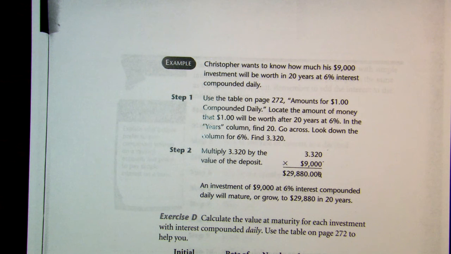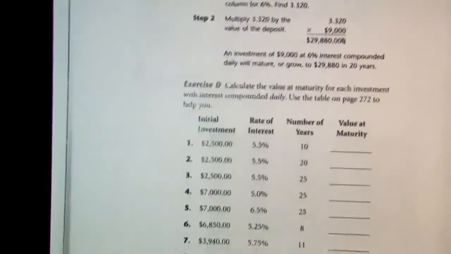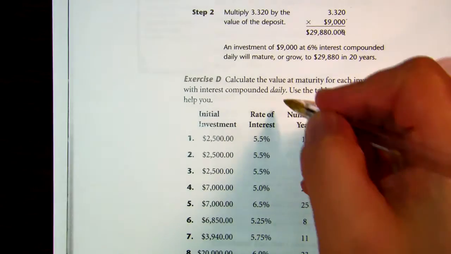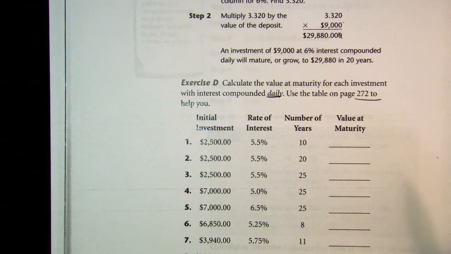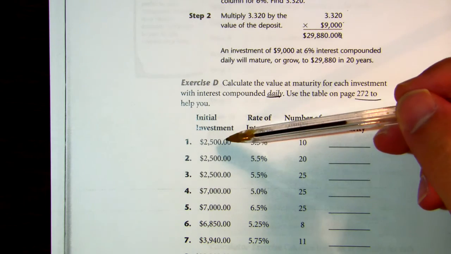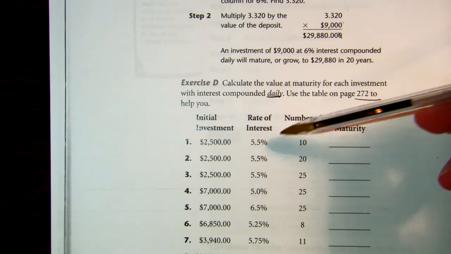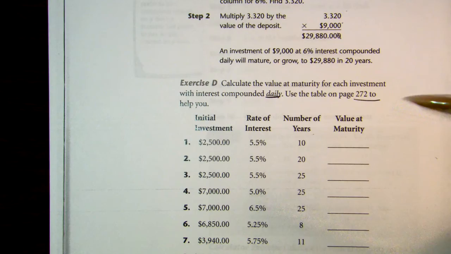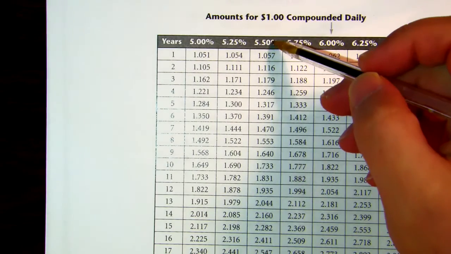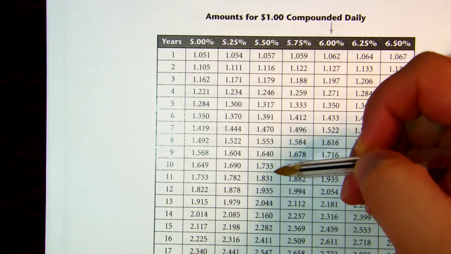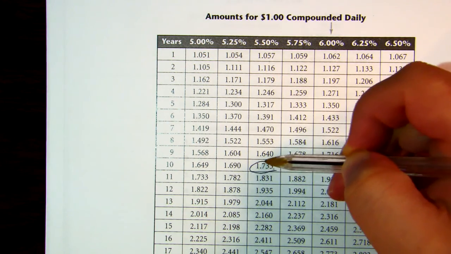So let's take a look at our example here. We're using compounded daily. All right. So we know we're going to use the chart. It tells us to. The first one says $2,500 at 5.5% for 10 years. So there's 5.5%. Go down to 10, and we're at 1.733.